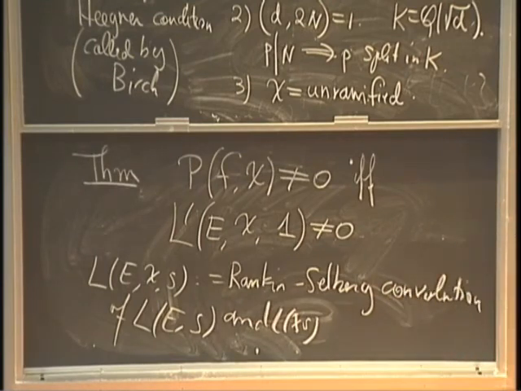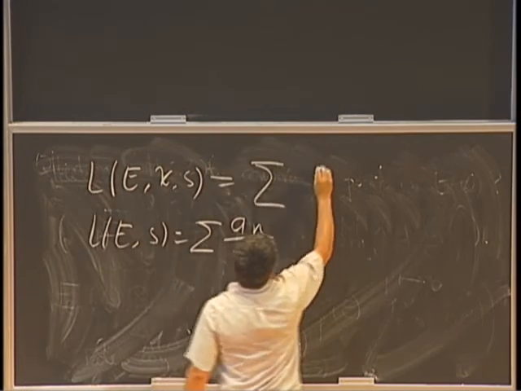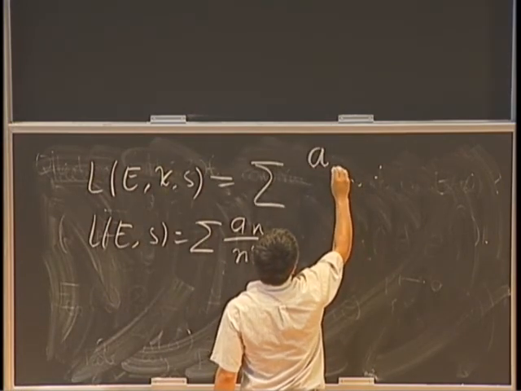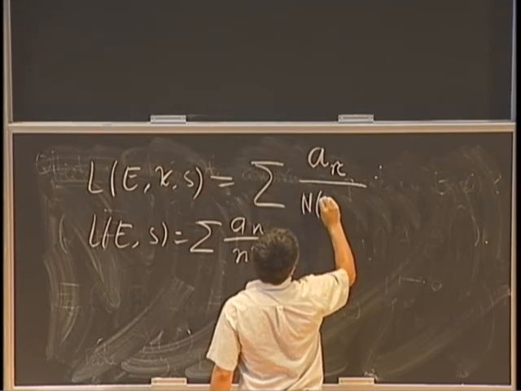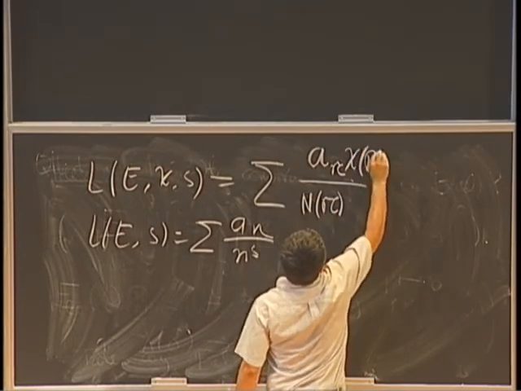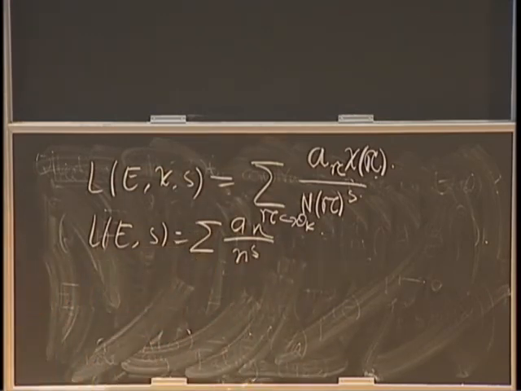If you write it very precisely, L(E, s) is a summation a_n over n to the s power, and this one we write will be a summation over ideals A, normalized by the norm of the ideal, chi of A, inside O_K, something like that. Probably needed to normalize by some factor.